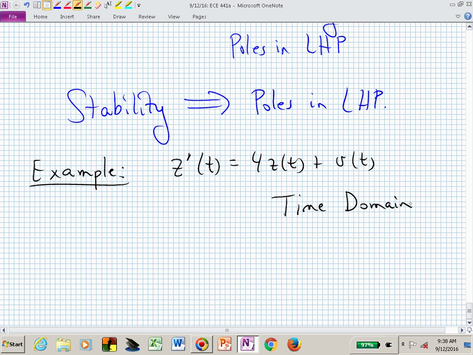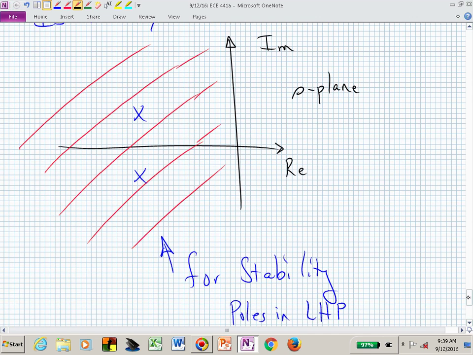This is in the time domain, isn't it? This expression, this differential equation. Where are our poles? What domain are they? If we start talking about poles, what domain are we living in? We're in the S domain, which isn't the time domain, it's the frequency domain.